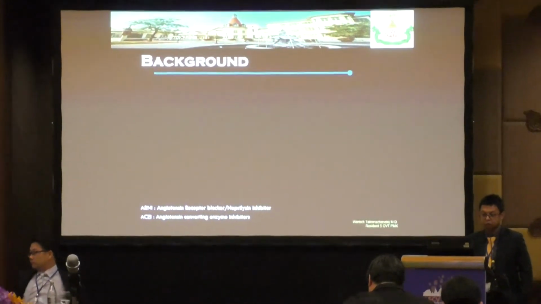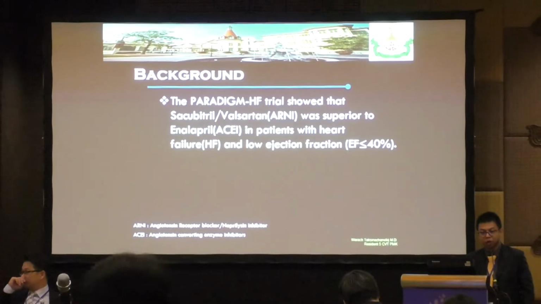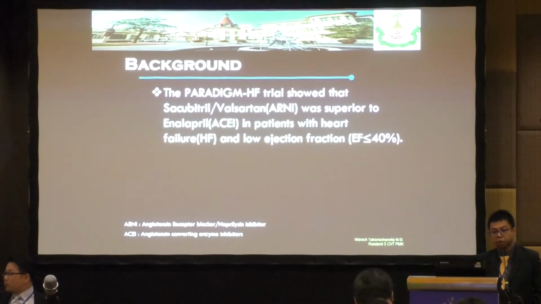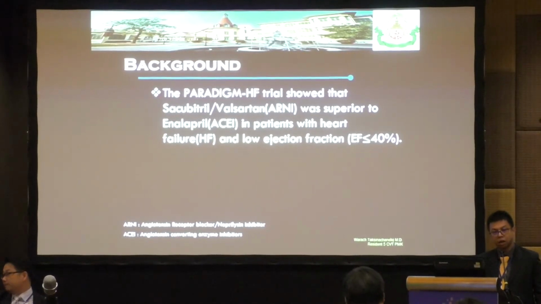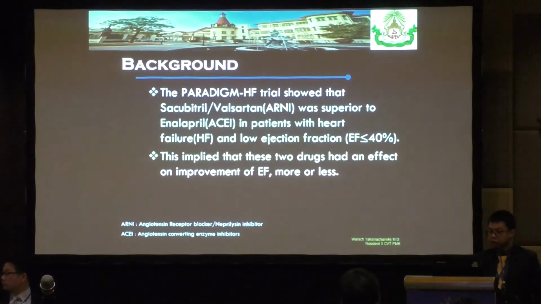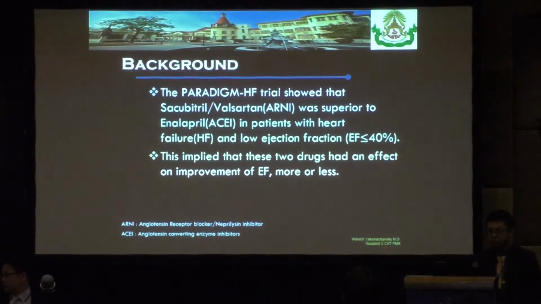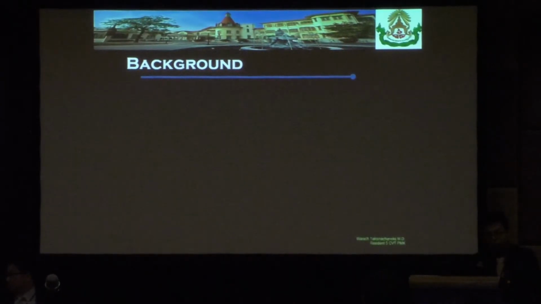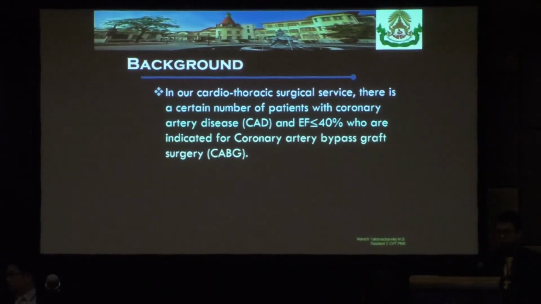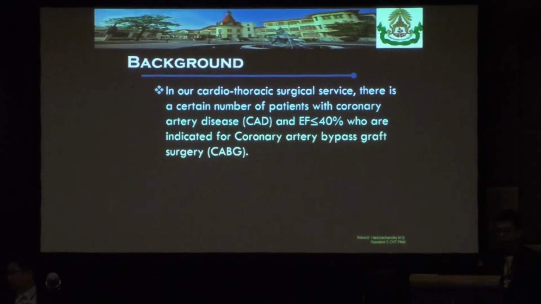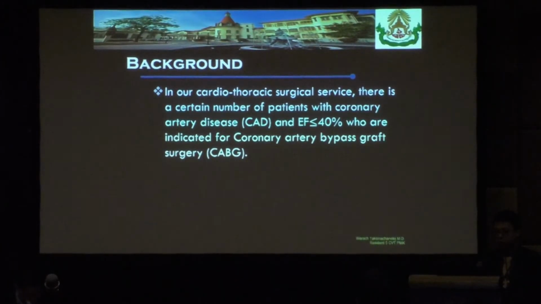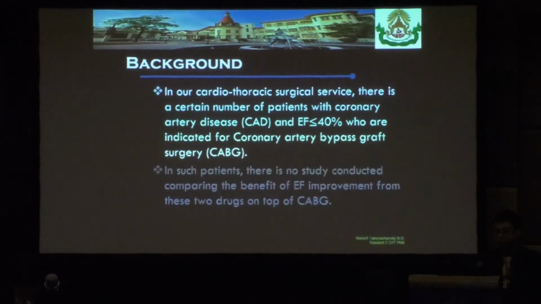Our study is based on the PARADIGM trial, which showed that sacubitril valsartan was superior to enalapril in patients with heart failure and low ejection fraction. This implies that the drug has an effect on improvement of ejection fraction. In our cardiothoracic surgical service, there are patients with coronary artery disease and low ejection fraction who are indicated for coronary artery bypass graft surgery.